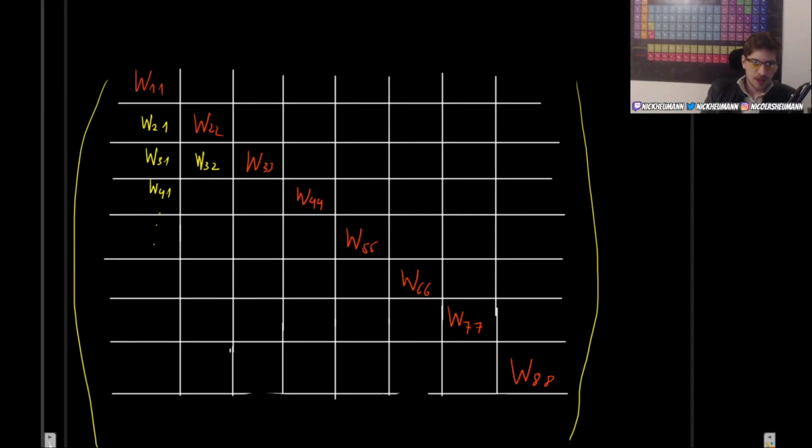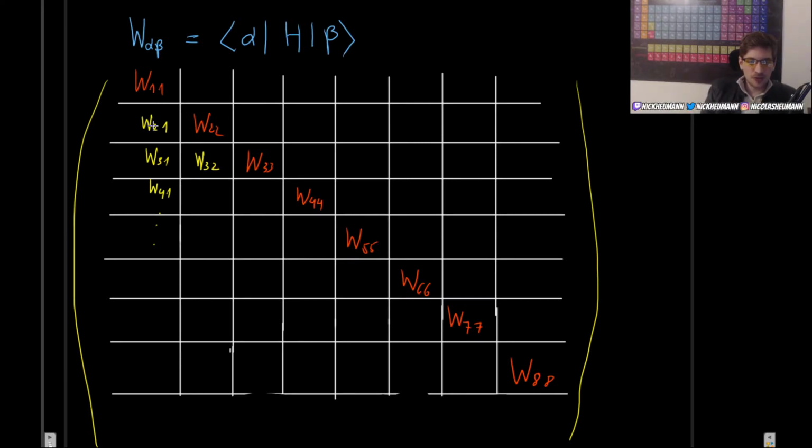Let me remind you what W is, just in case. So W alpha beta is the alpha state, inner product with the Hamiltonian and the beta state. So for example, W11 is basically the expectation value of H in the state 1.